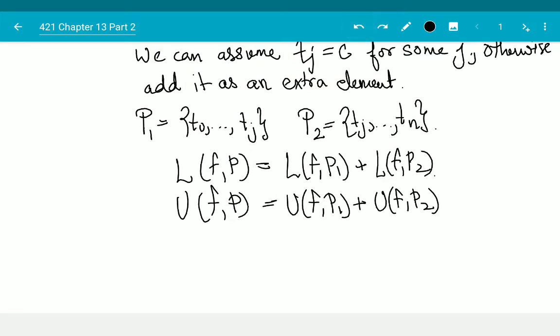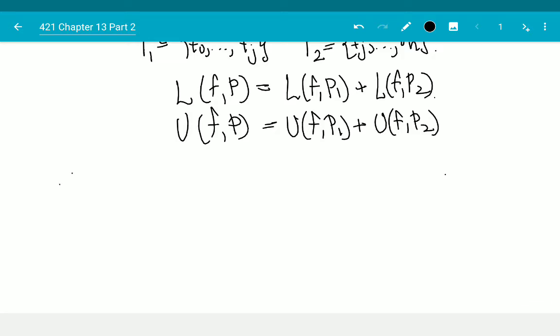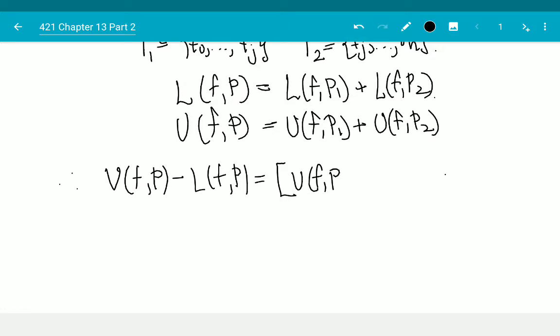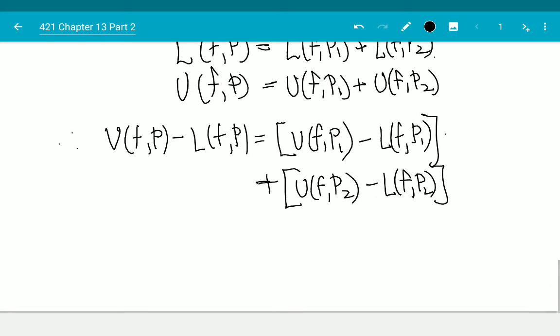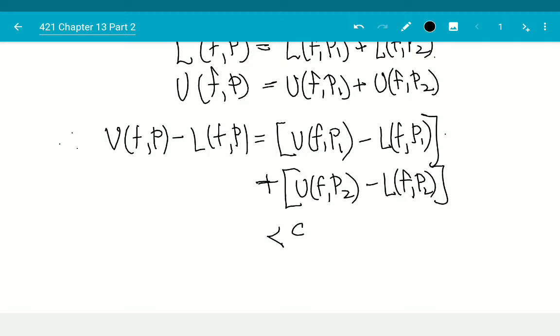And therefore U(f,P) minus L(f,P) is equal to U(f,P1) minus L(f,P1) plus U(f,P2) minus L(f,P2), and this is exactly equal, and that is strictly smaller than epsilon.